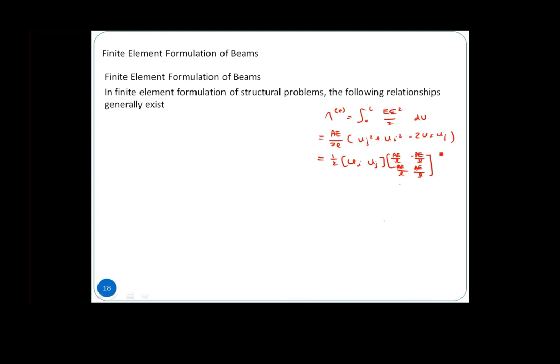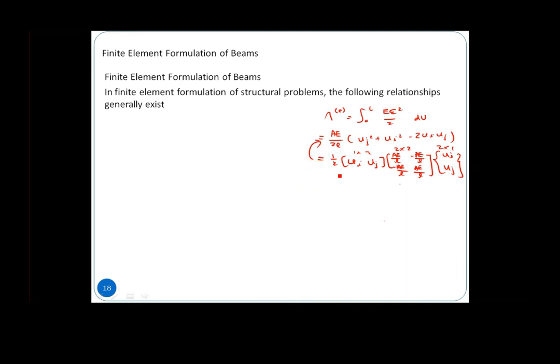Then we have UI, UJ. If you expand it, you have 1 times 2, 2 times 2 become 1 times 2, then you have 2 times 1, everything becomes 1 times 1. So it ends up giving you the same result.